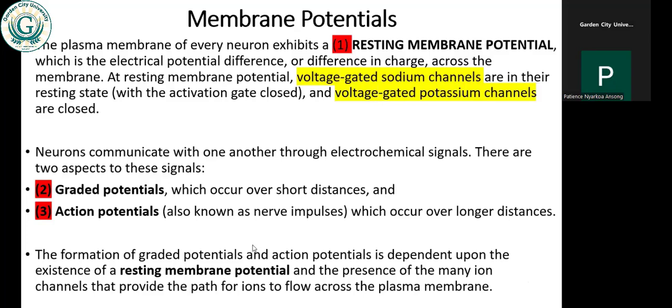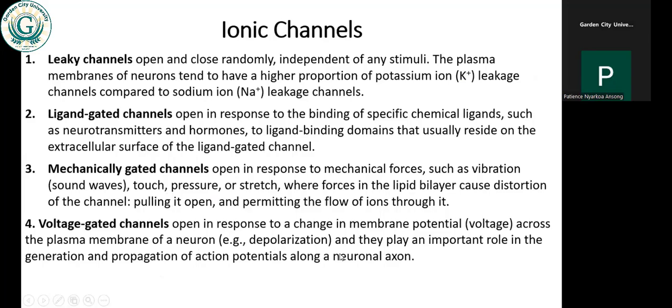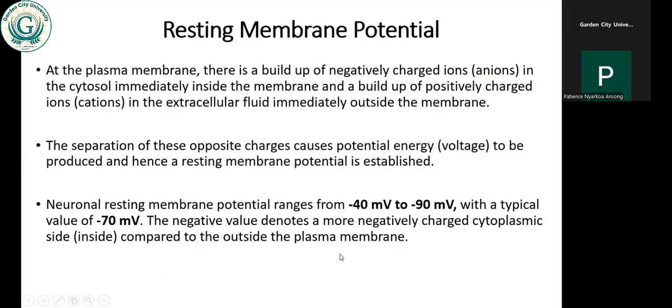Before any neuron can receive a signal, it should be within its resting state. Even after a neuron has transmitted a signal, it needs to return to its resting state before it can receive another signal. Now let's take it one after the other. Resting membrane potential.